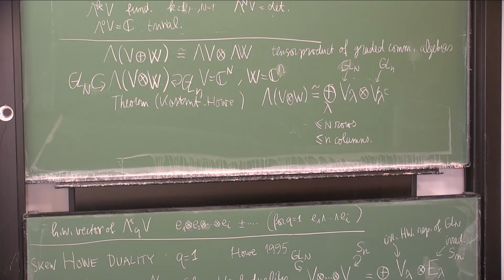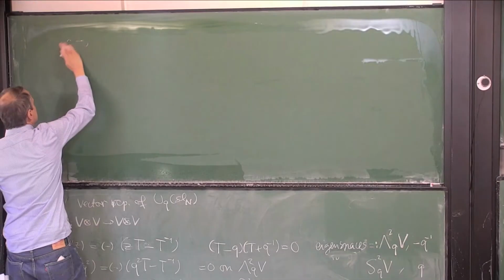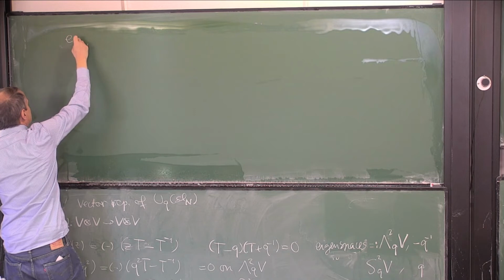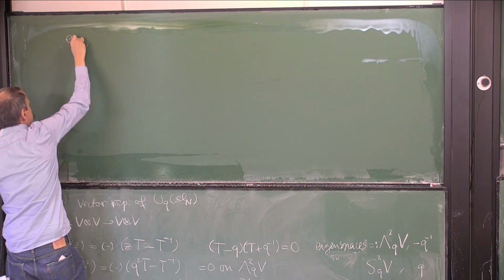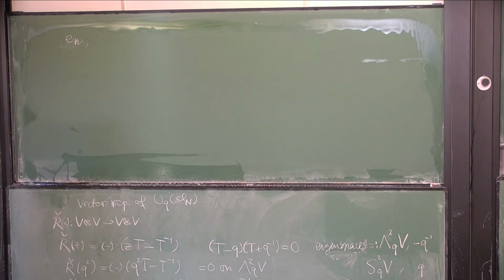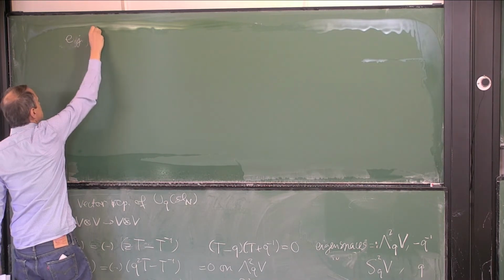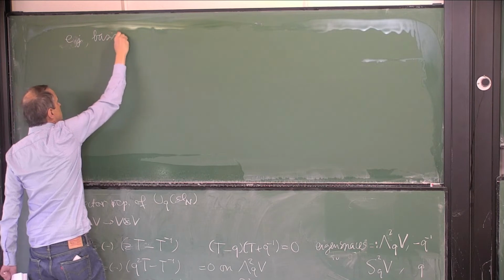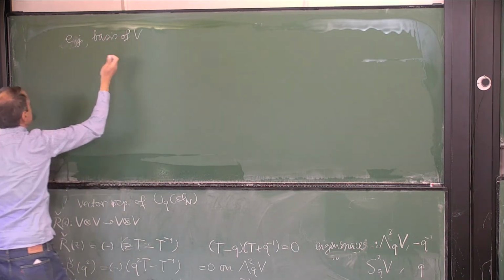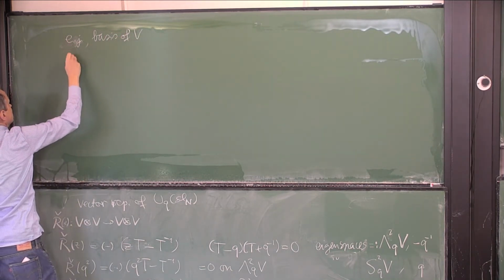Construction. You take a basis e_j of V, which I called, maybe it will be theta, right?